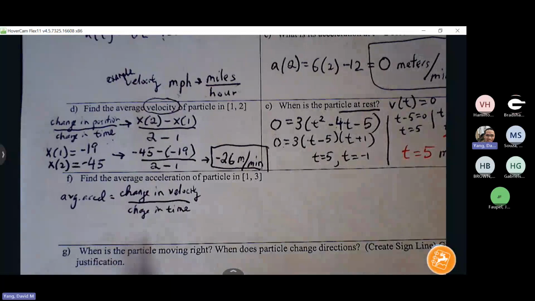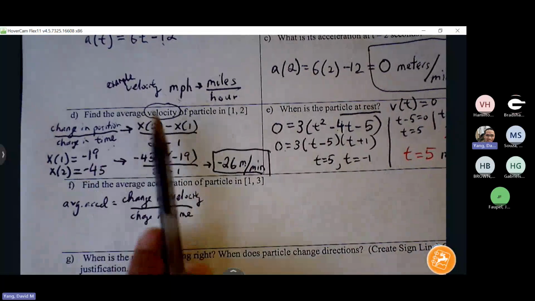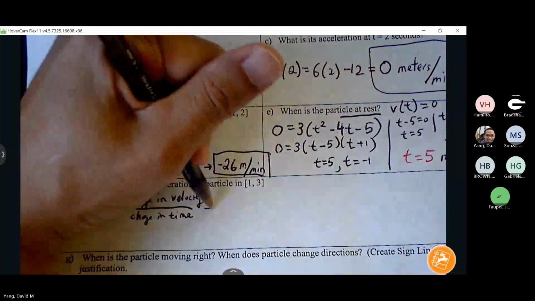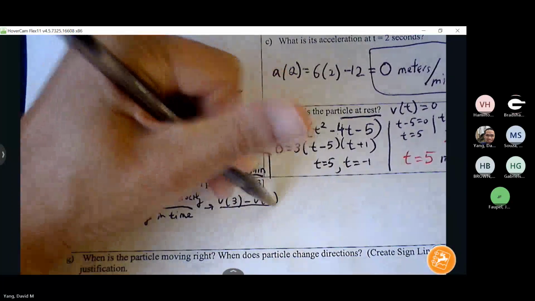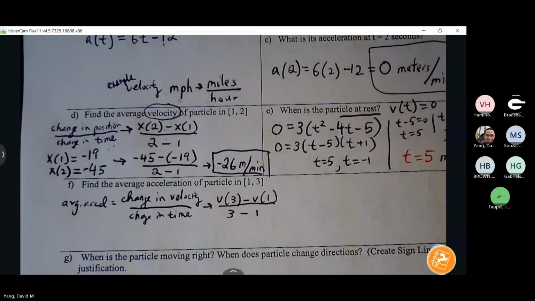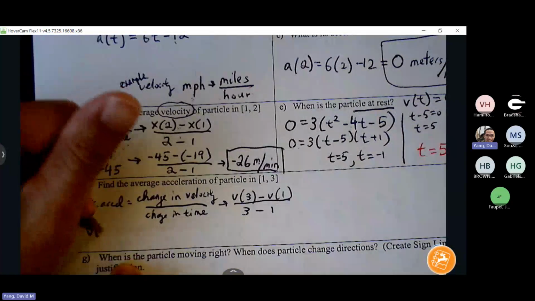Okay, so we don't touch the acceleration function. We look at the function above it, just like average velocity. Average velocity, we don't touch velocity. We look at the function above it. Okay, so insert 1 into the velocity function, v of 1.